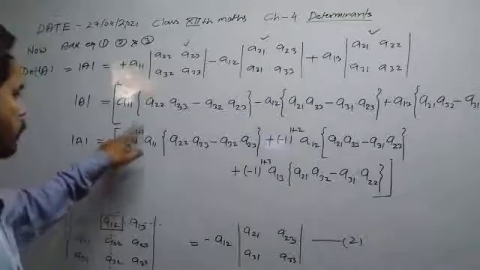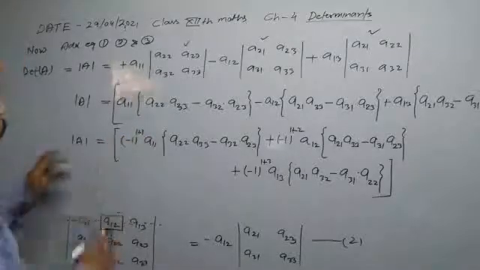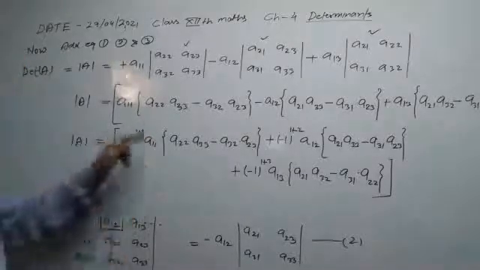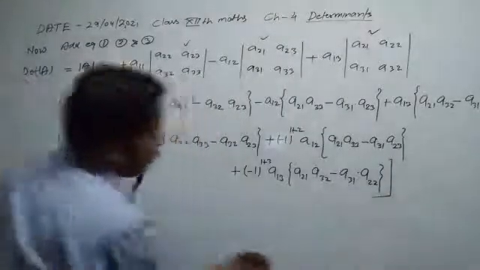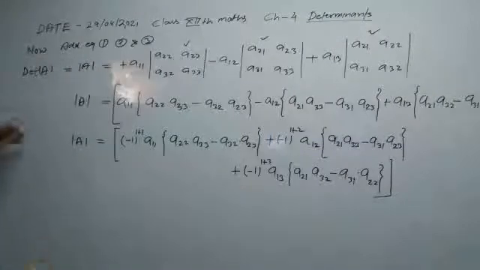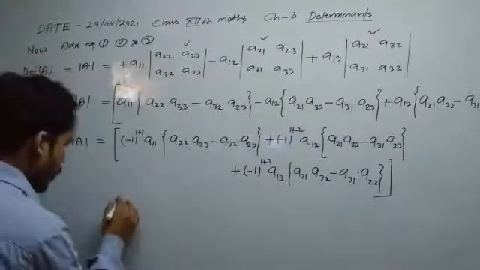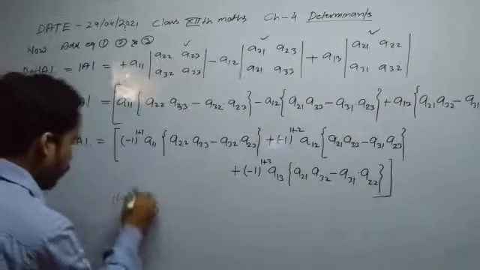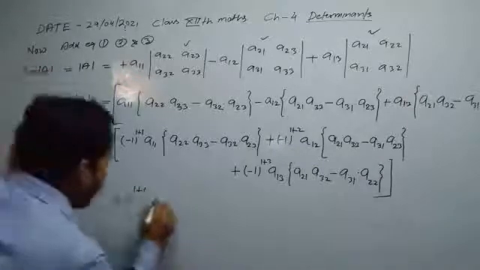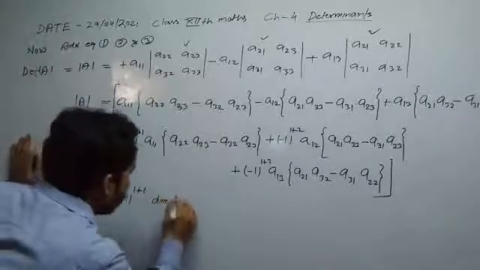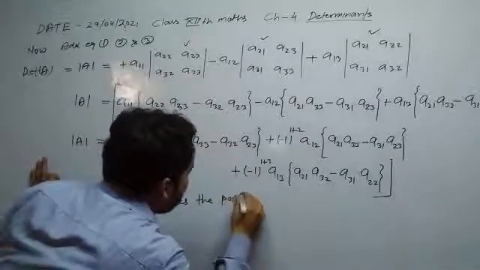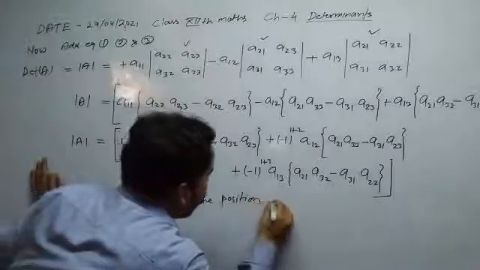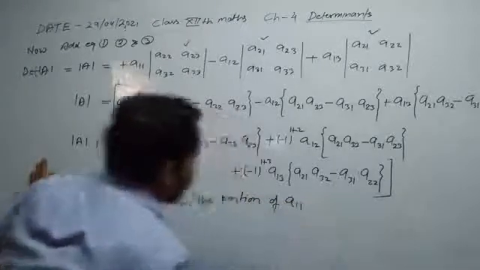Minus 1 to the power 1 plus 1, this denotes the row, and second is column, or also the position of elements. Minus 1 to the power 1 plus 1 denotes the position of A11.